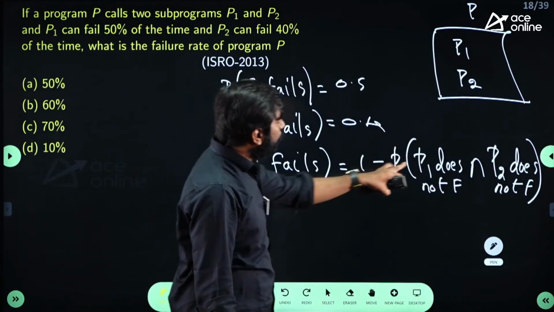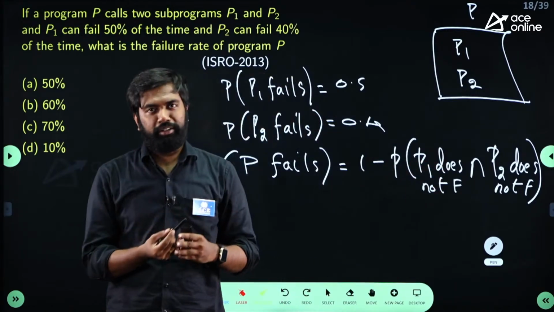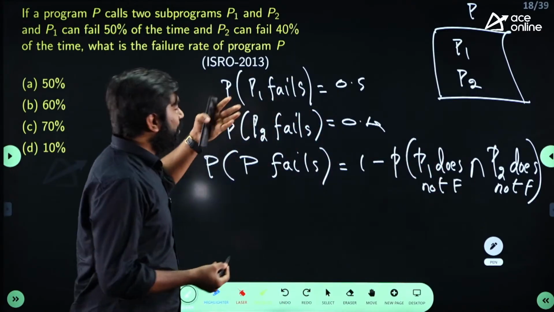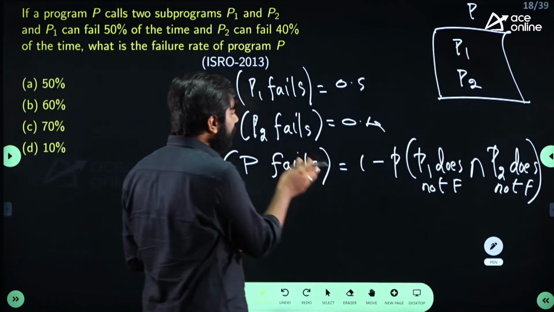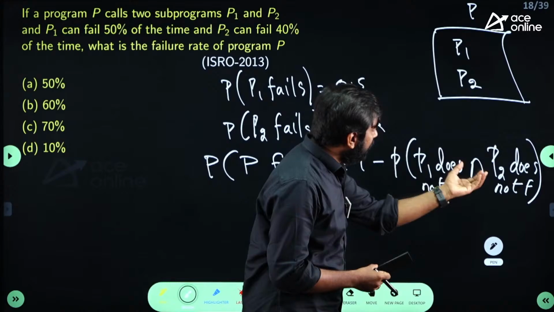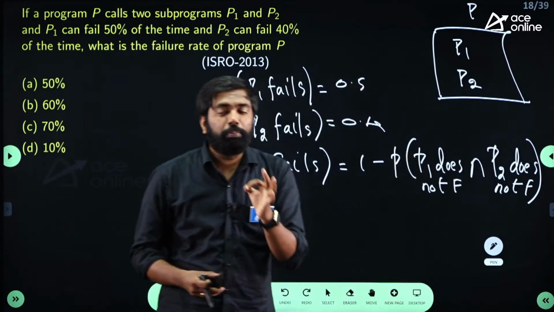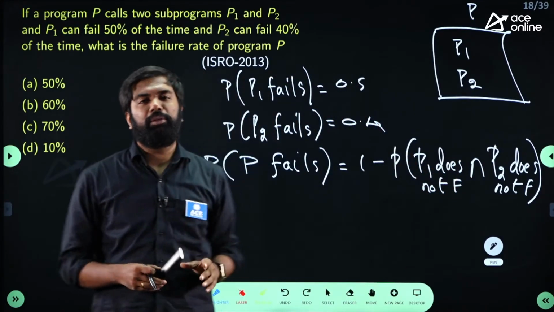Now since these two events are independent, because both the subprograms are independent, you can assume that. For independent events, the probability of their intersection is simply equal to the product of individual probabilities.